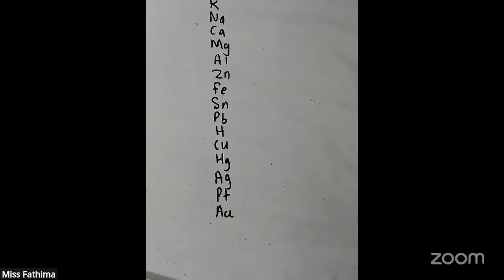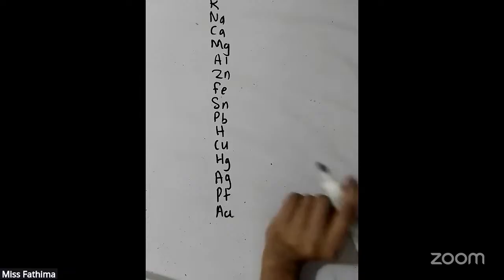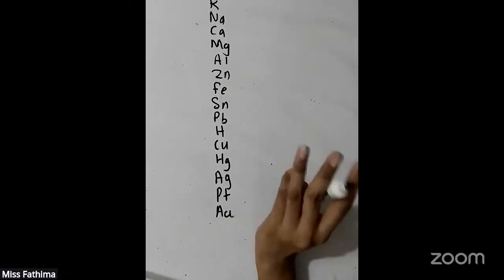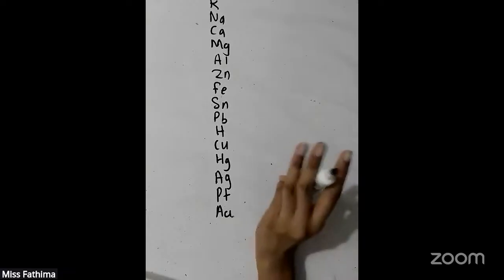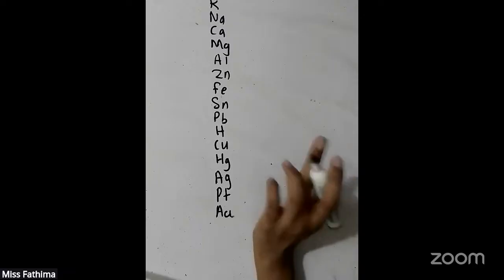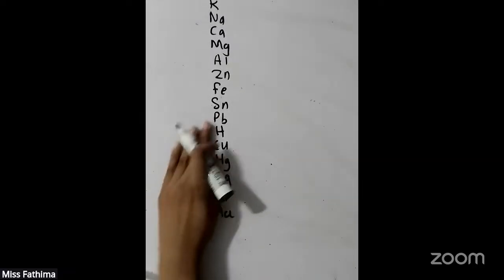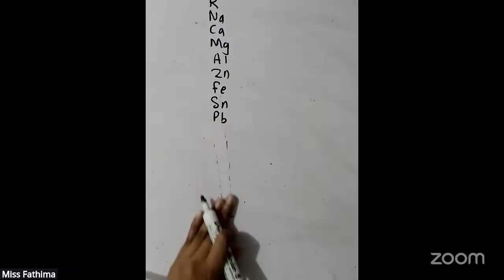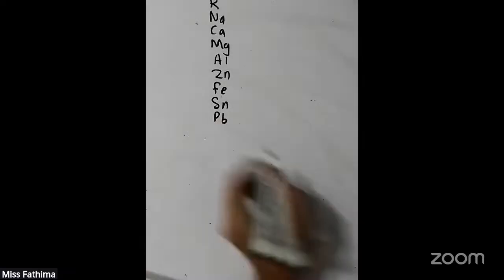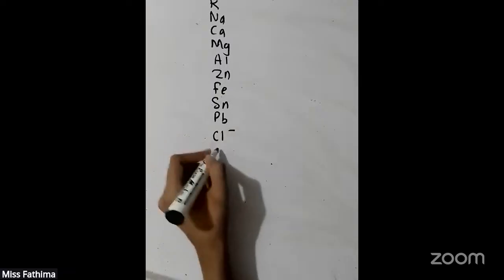Now, for this lesson particularly, you have to add 3 more species to the reactivity series. Where do you add them? After lead, before hydrogen.